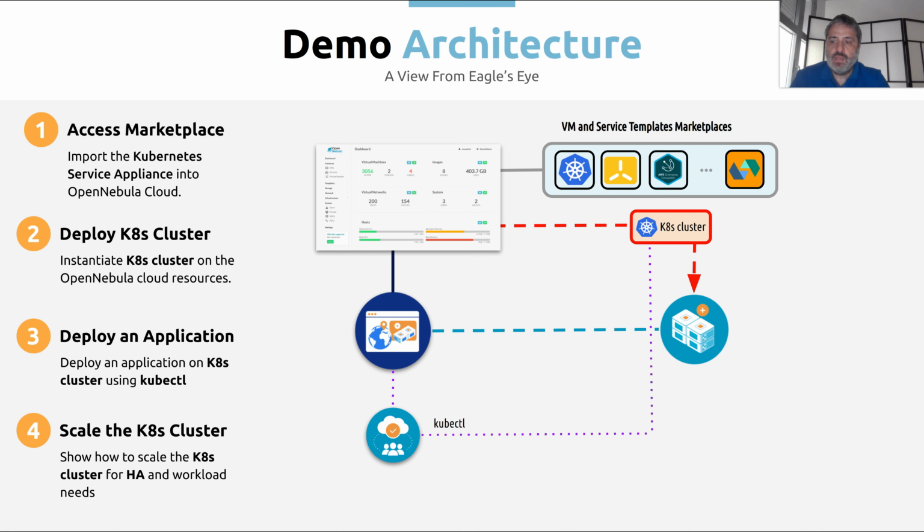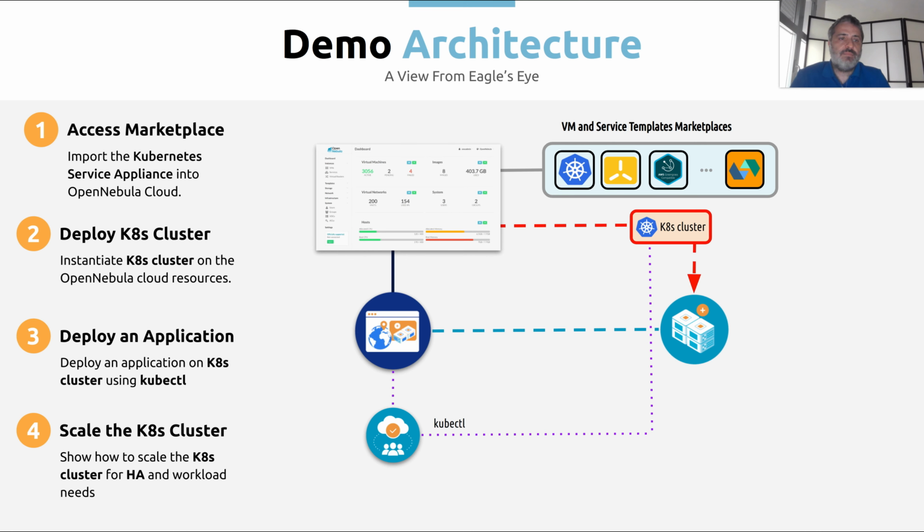We can see how they are provisioned in the Kubernetes cluster by OpenNebula. And finally, I will also show how to scale the cluster. We start from a setup, and then we can use one flow features in order to scale some components, for example, having multiple masters for a highly available setup.